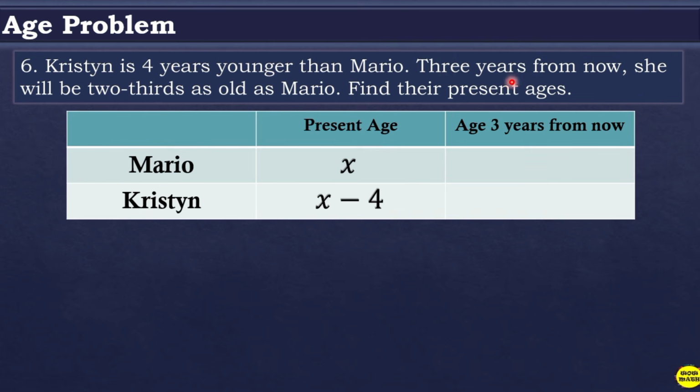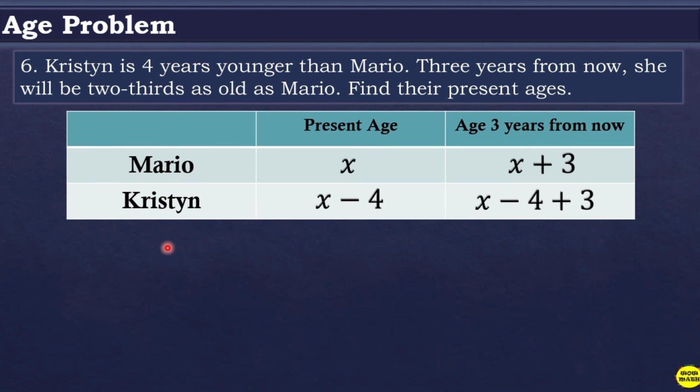And then, 3 years from now, ang sabi dito, after 3 years, si Christine daw ay magiging 2/3. So, i-represent muna natin to. Kapag 3 years from now, after 3 years, so ito ay magiging x plus 3. Ito ay magiging x minus 4 plus 3. Kasi after 3 years, so mag-add tayo ng 3 years.